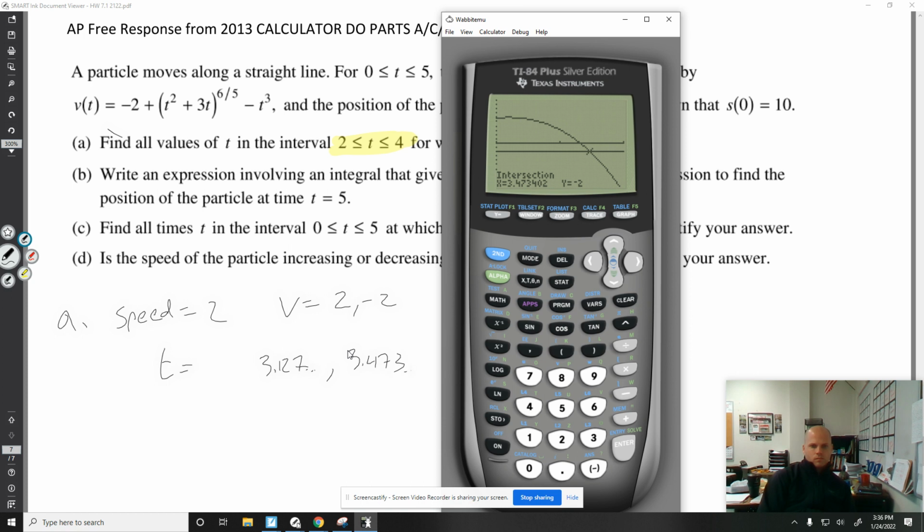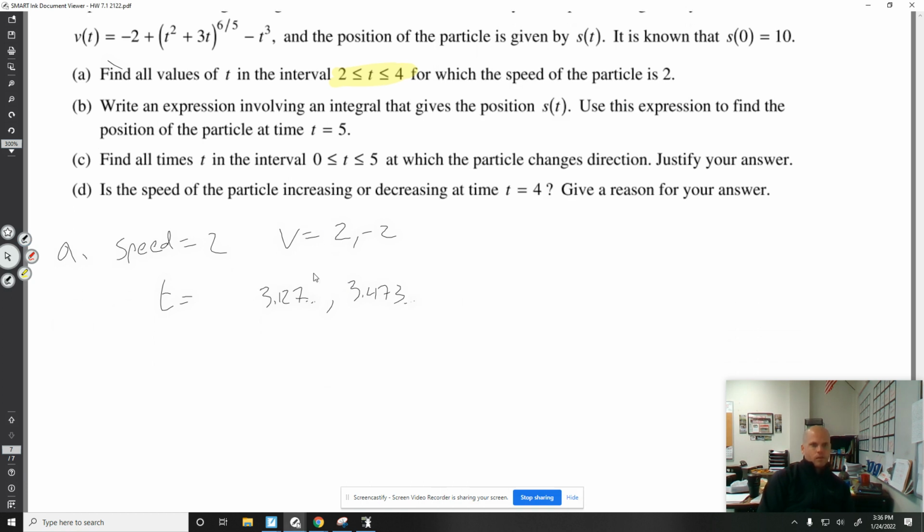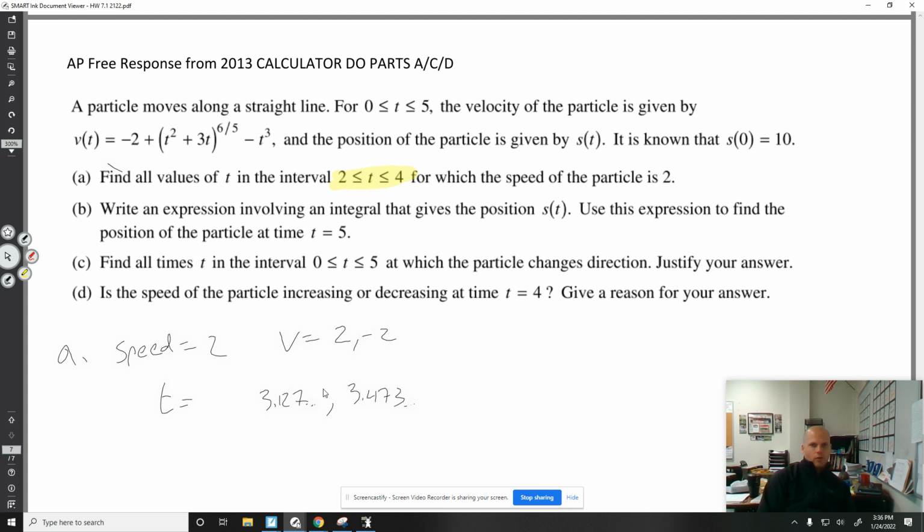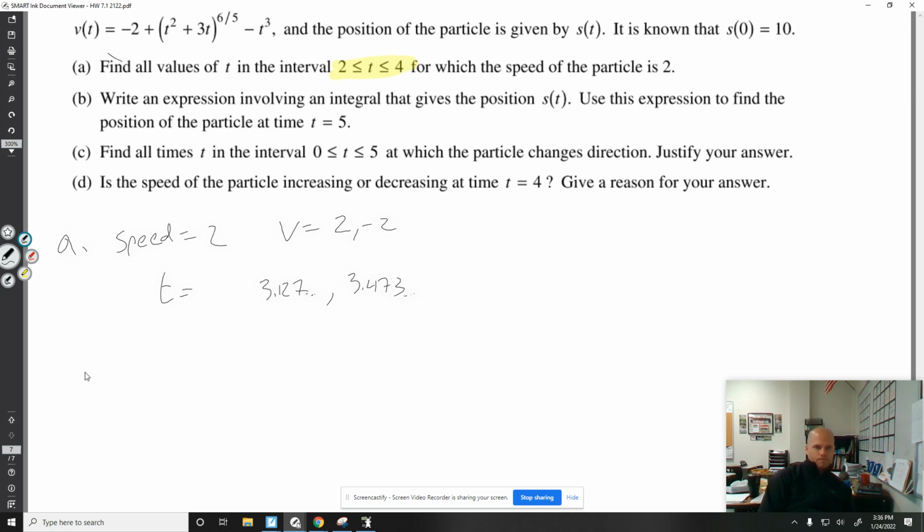Okay. We don't know how to do part B yet. Part C, we'll know after next class. Find all the times in which the particle changes direction. Justify your answer. You literally can just say when velocity changes signs. That's all you need. Now, justifying your answer means give an explanation.